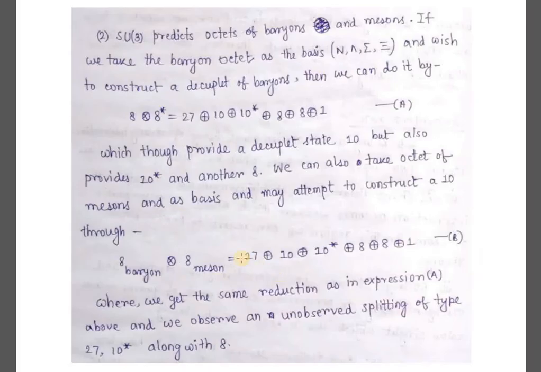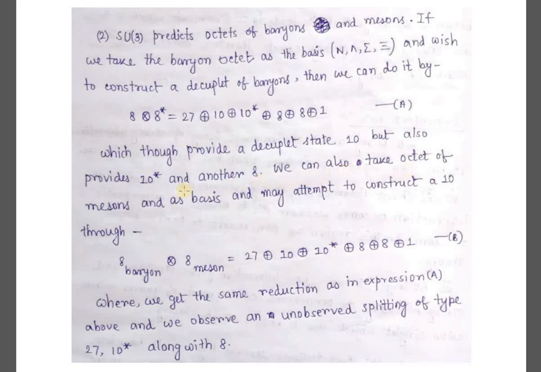The second one, let us go a little bit deeper, which I have not talked about, so I am just going to focus on it here. SU(3) predicts octets of baryons and mesons. If we take the baryon octet as the basis and wish to construct a decuplet of baryons, we can do it by this 8 cross 8 star, which provides a decuplet state 10, but also provides 10 star and another 8.